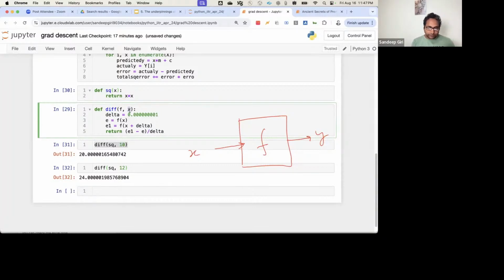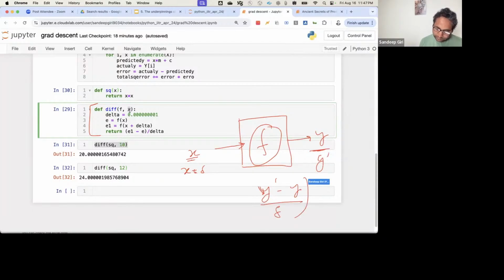So the way you should see it is that to this function, we are giving f. f is some function which takes some input and gives output. What we are doing is we observed how much was y at x. Then we increased x by a little bit. Then observed how much was the new value of y. And then we returned y dash minus y divided by delta.